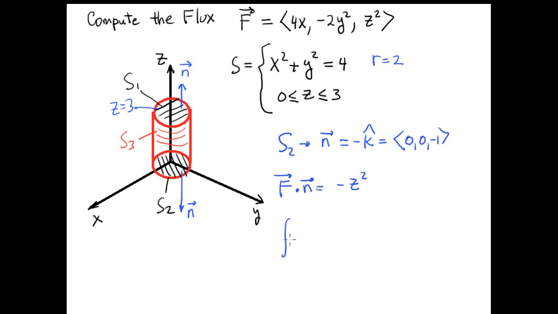And the flux is the surface integral on s2 of minus z squared ds. But in this part z is 0. And if z is 0, it's obvious that the answer is 0. We have no flux in the bottom part, according to this vector field.